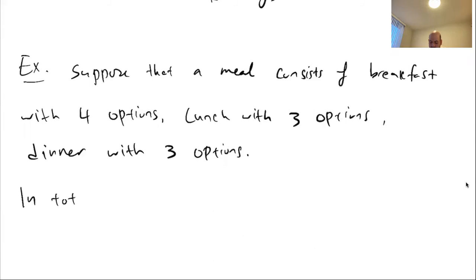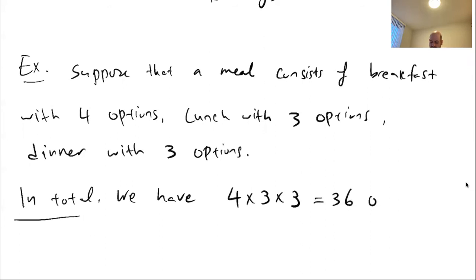In total, how many options do we have for our meal? So 4 options for the breakfast, 3 options for the lunch, 3 options for the dinner. So that's going to be 36 options for the meal.